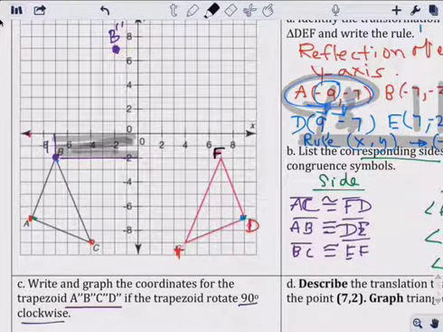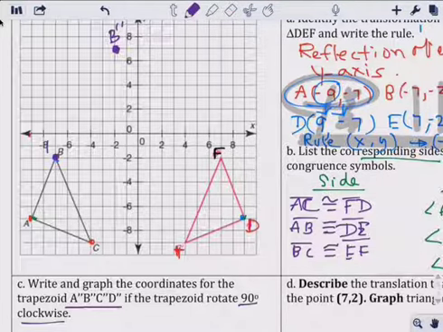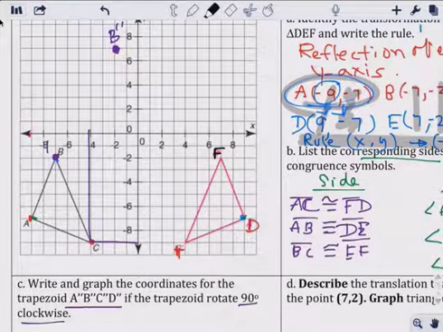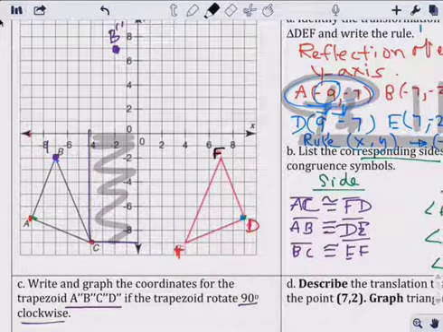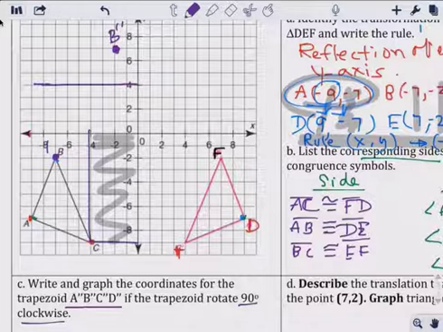The next one that's easiest to do is C. C is 4, 9, standing up, so I'm going to lay it down. 4, 9, laying it down. And that gets me C double prime.